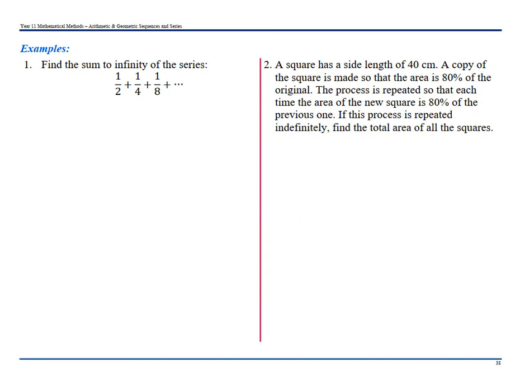The first one, find the sum to infinity of the series 1/2 plus 1/4 plus 1/8. So first of all, what's our r? We're timesing by a half. So we know it's geometric.